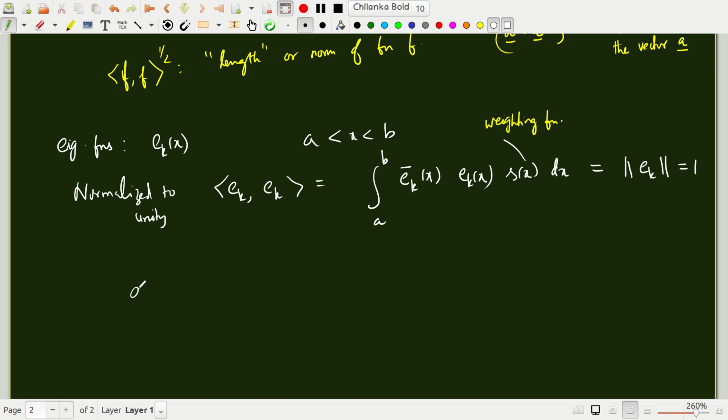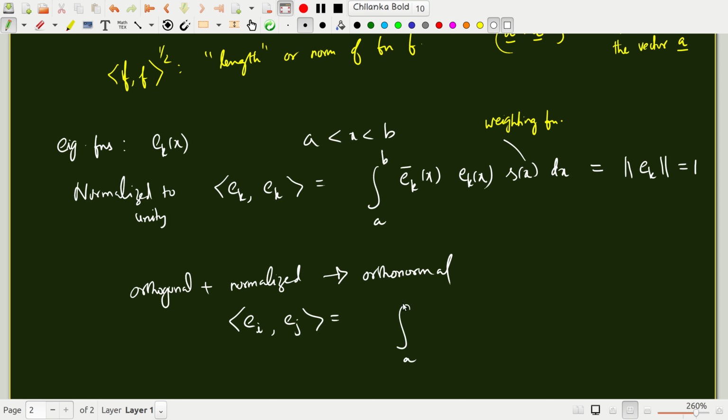And if the functions are orthogonal plus normalized, they are called orthonormal, in the sense that if I take the inner product of e_i, e_j, which is nothing but the integral from a to b of e_i bar of x, e_j of x, s of x dx, it is equal to delta_ij.